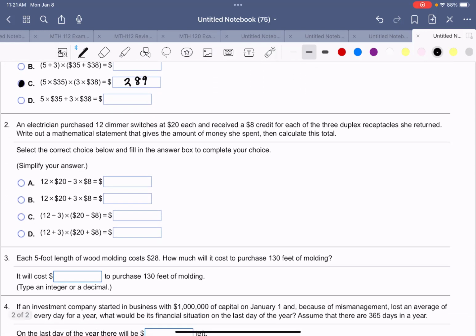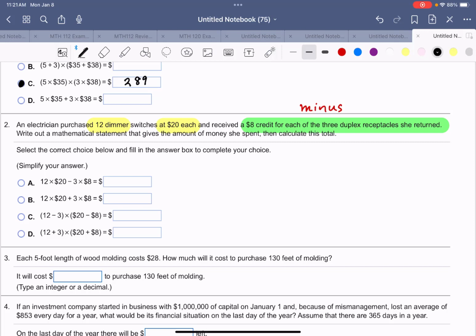Example number 2. An electrician purchased 12 dimmer switches at $20 each. So 12 at 20, that's going to be our first operation, but then received an $8 credit for each of the 3 returned. So a credit is going to be a minus.